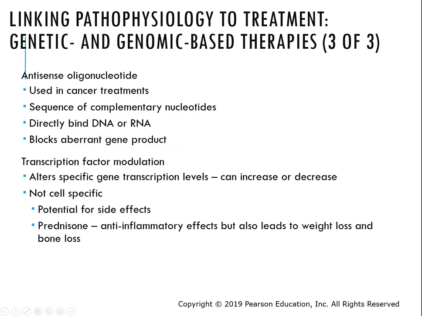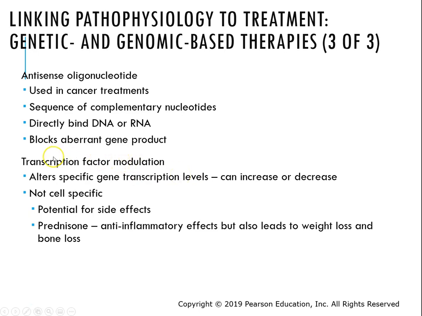Okay, so again, you can see another approach that uses genetics essentially, right? Because we're talking about the DNA and RNA level. Also, transcription factor modulation. So this is saying it alters specific gene transcription levels. Transcription factors are essentially proteins within the cell that bind to the DNA, and they will then either increase the transcription of a gene, and therefore the production of that protein, or they might decrease it.